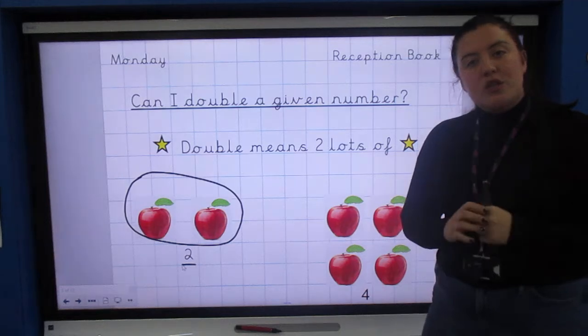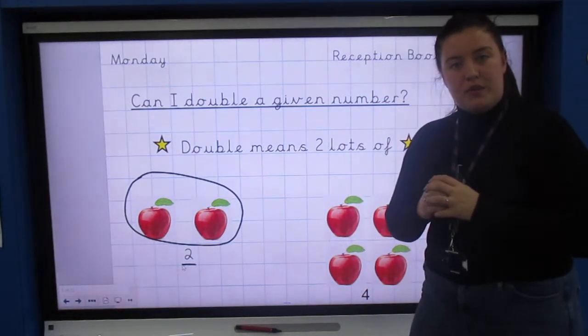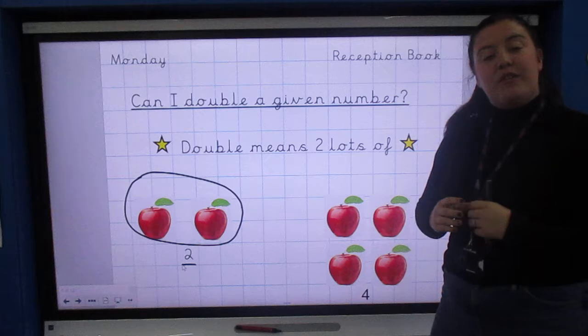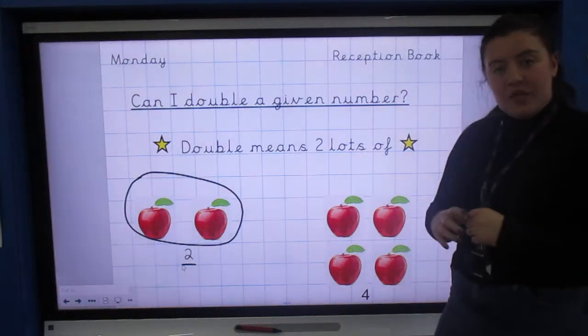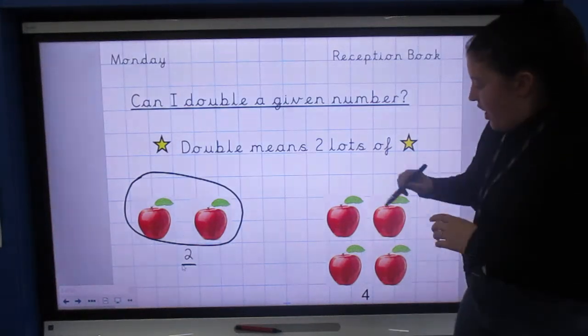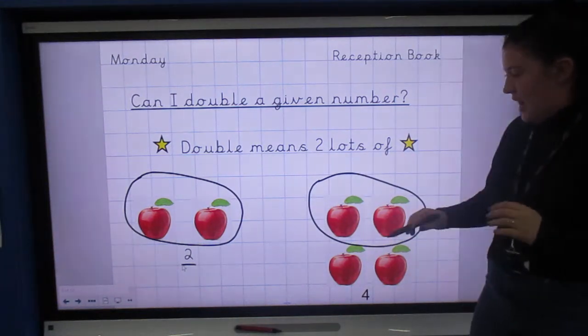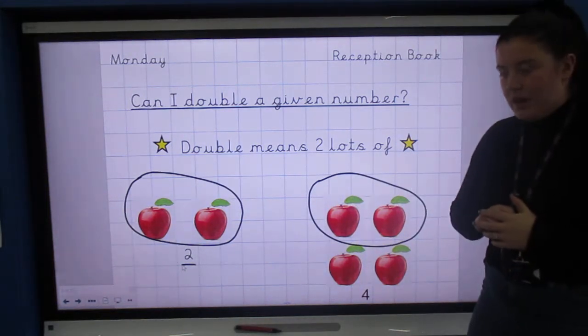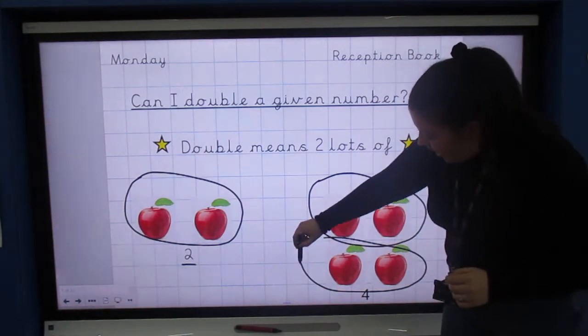Now if I want to double the number 2, I need to have another group of 2, because then I will have 2 lots. And when we've got 2 lots, that's when we are doubling. So here is my first lot of apples, and I've got 2 in my first lot, and I'm going to add the second lot.